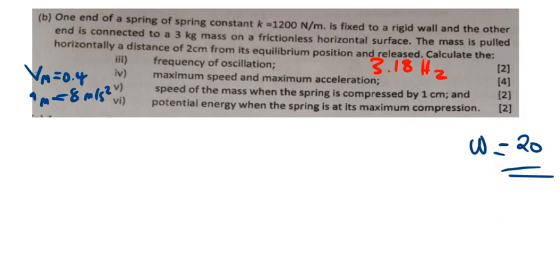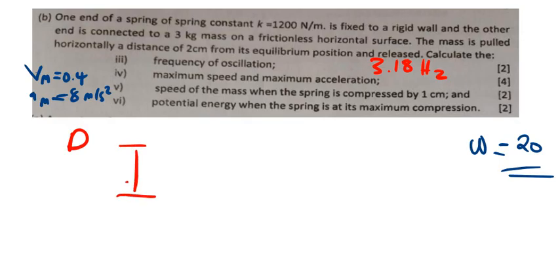Now part D is asking us the speed of the mass when the spring is compressed by 1 centimeter. We're trying to find the speed, and the way we find it is very interesting. We've been told that it's compressed by 1 centimeter, so we first have to convert that, because that's the displacement x.